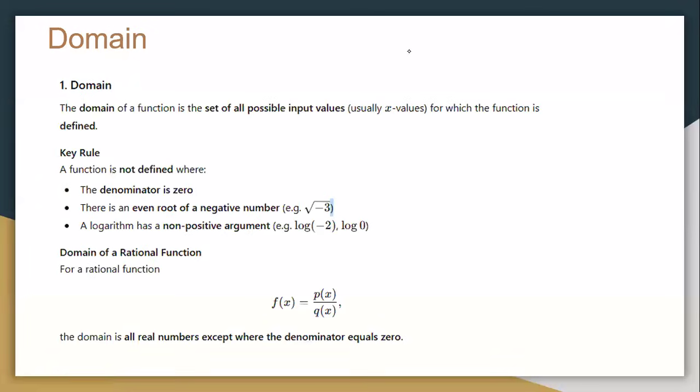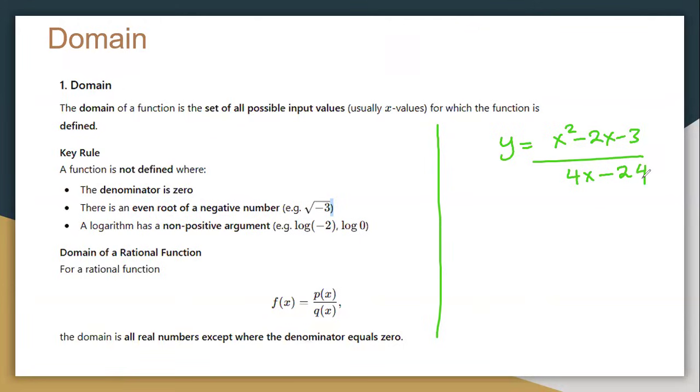Okay, let me give you here. I have my y equals (x squared minus 2x minus 3) out of (4x minus 24). So what is your domain?